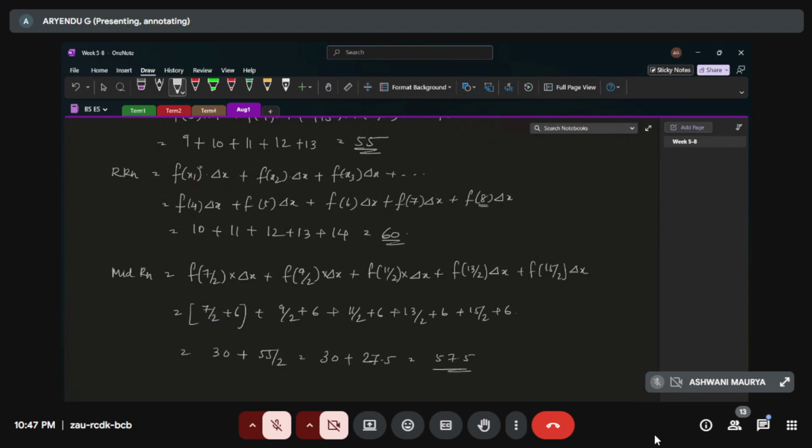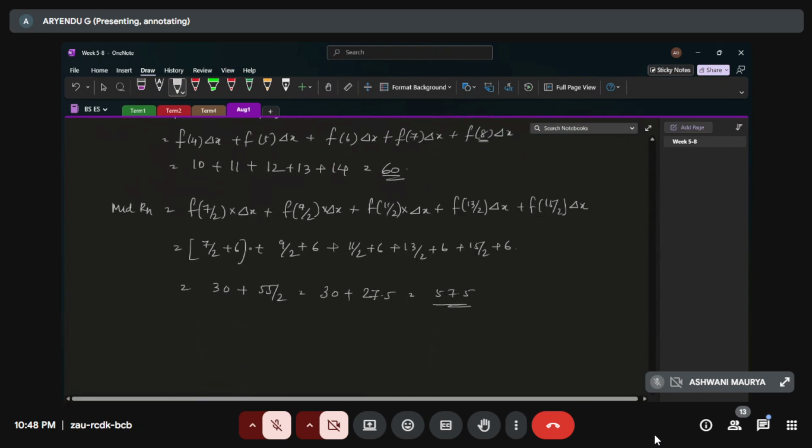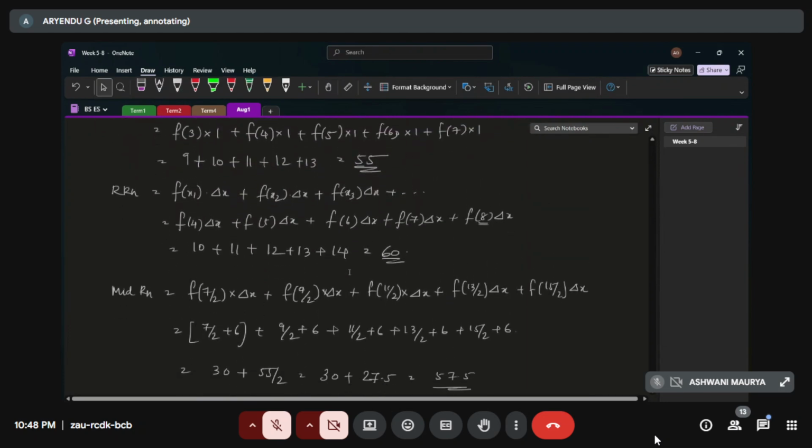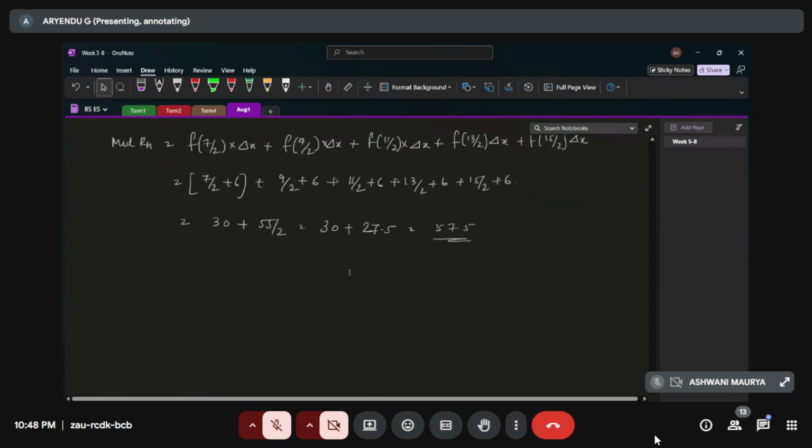It will follow this order. Left will be the smallest, middle Riemann sum will be the middle value, and right Riemann sum will be the largest value. You can use that if you are asked to find the three values, and you can use it to cross check.